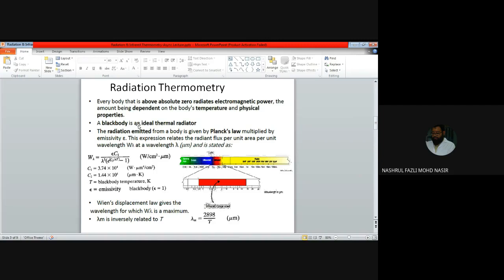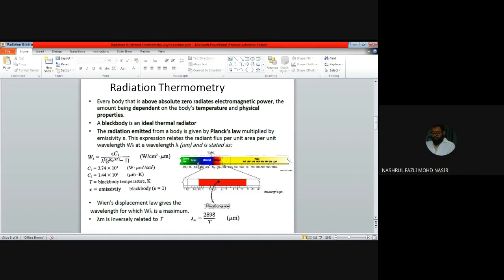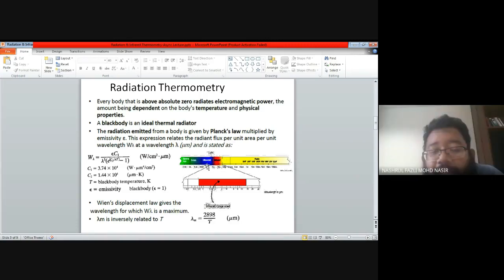If you still remember in science, whatever you see is actually a reflection of the color which is not absorbed. If a body absorbs all the light, it will become black.